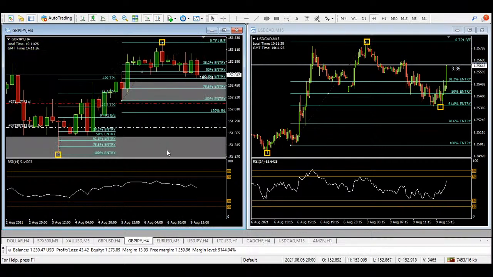GJ has gone down on me. That would be fine if we get a push through this 4-hour zone and I get stopped out, then that's fine. We have to make some money on it. And probably after this GJ trade, I'm going to be looking to scalp more.